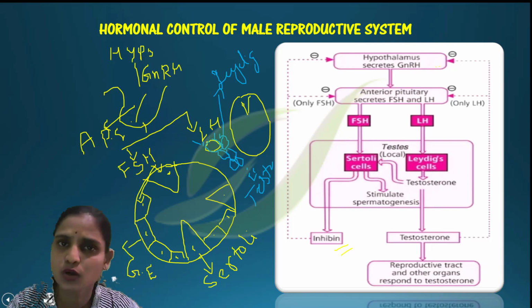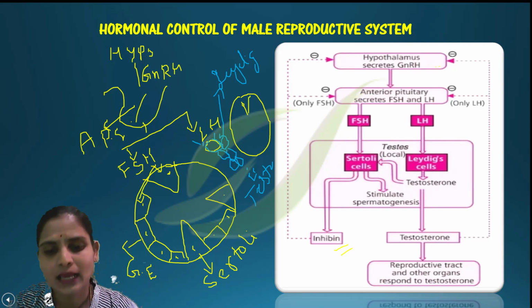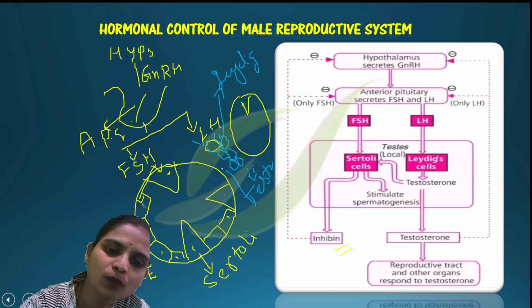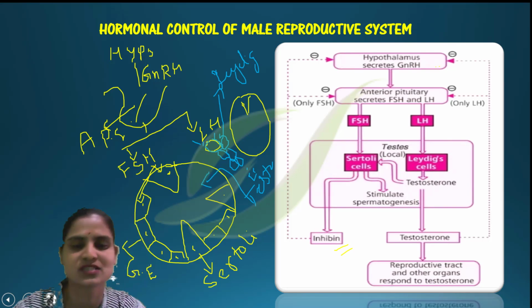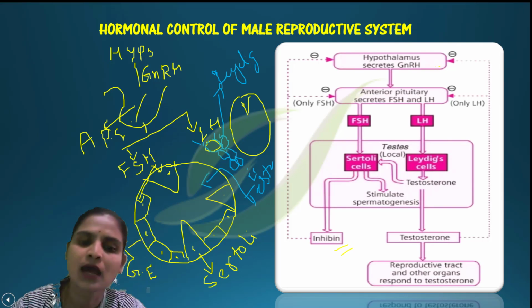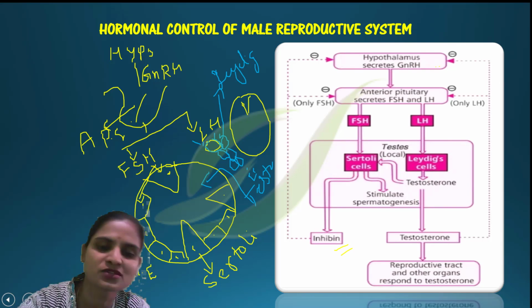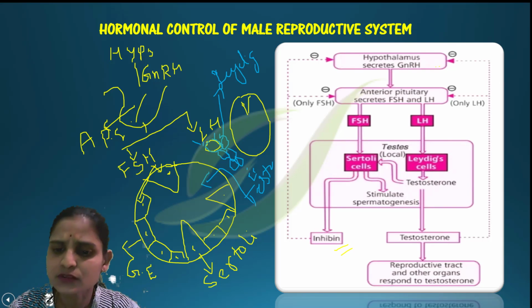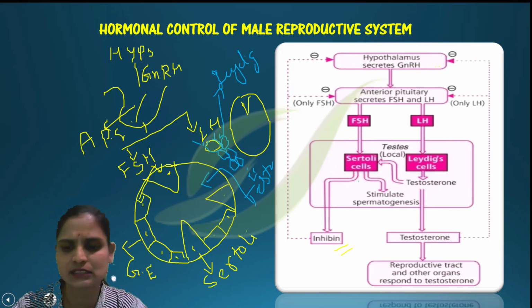This testosterone hormone helps in secondary sexual characteristic features, and it will also enter into the seminiferous tubules and help in spermatogenesis. Here we can study the Sertoli cells.